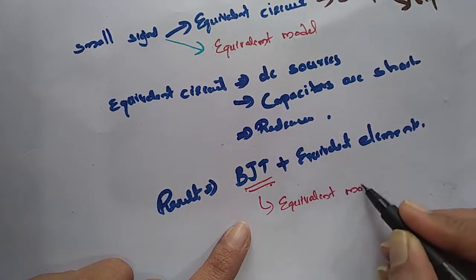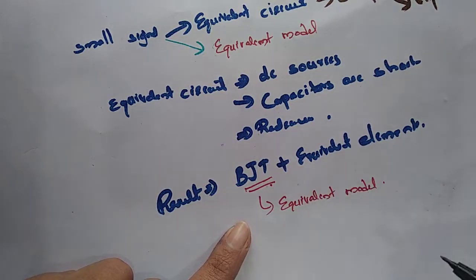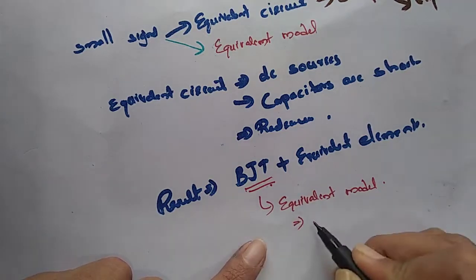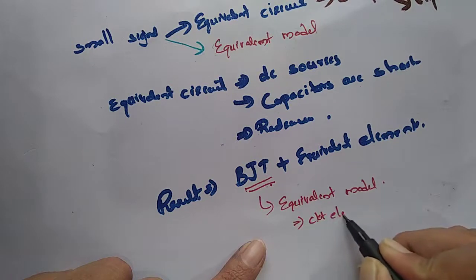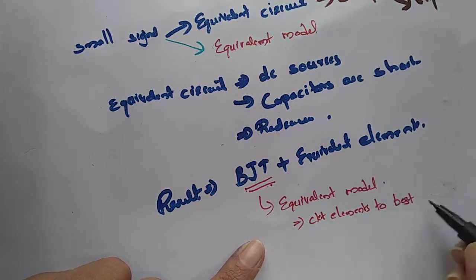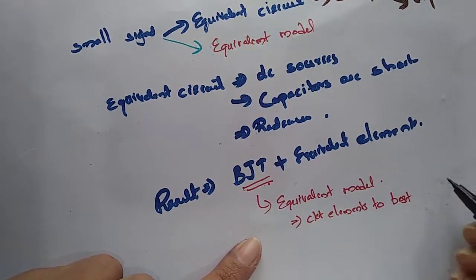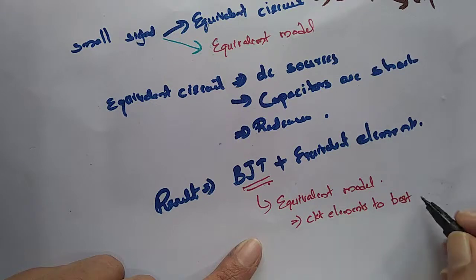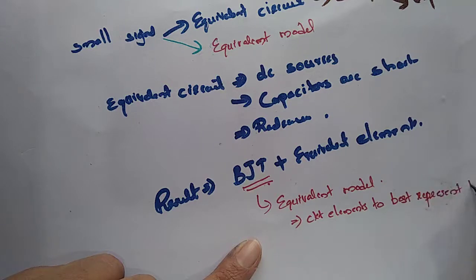I have already given the definition: an equivalent model is a recombination of circuit elements to best represent the characteristics of a BJT, or the characteristics of the practical BJT.